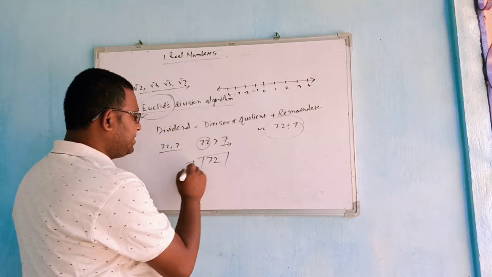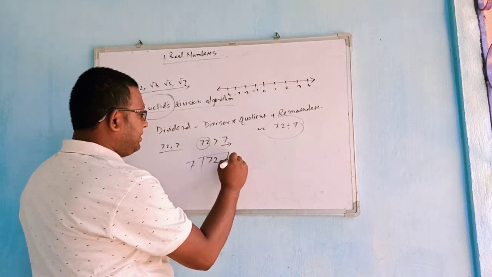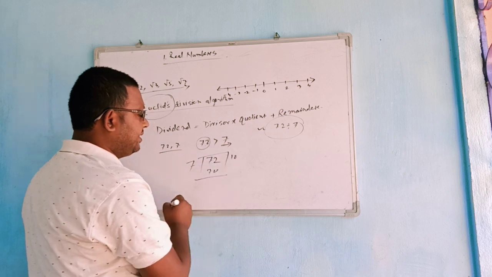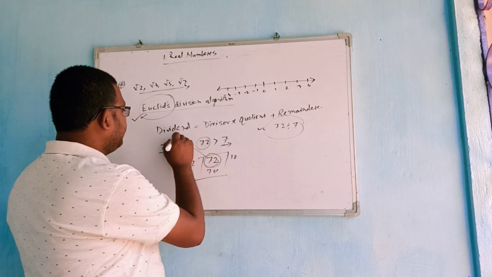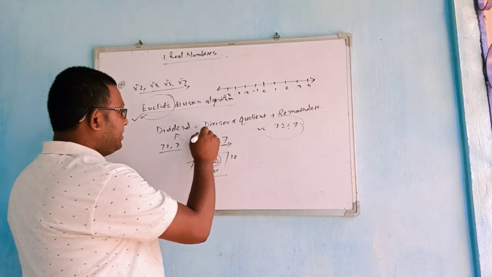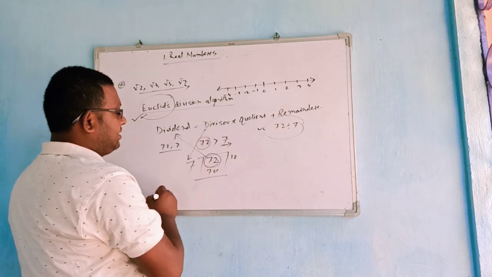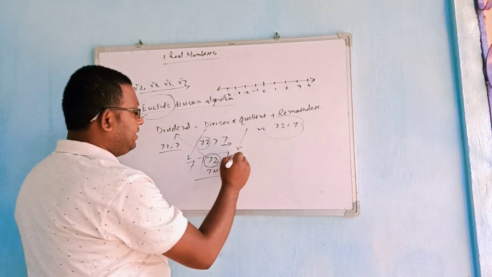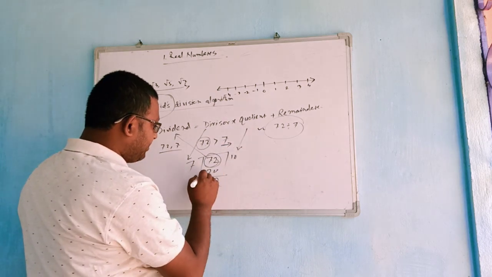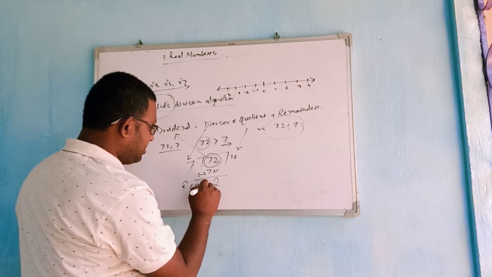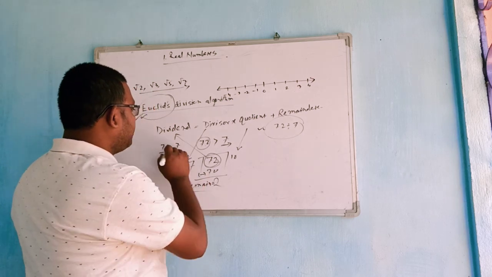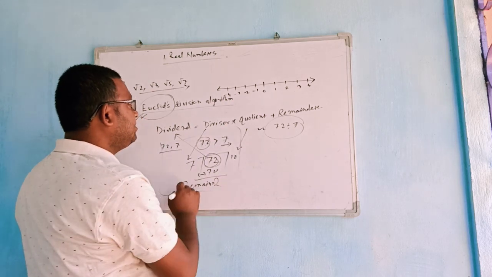Here 72 is the dividend and the divisor is 7. The quotient is 10 and, after subtracting, the remainder is 2. So this process is said to be Euclid's division process.